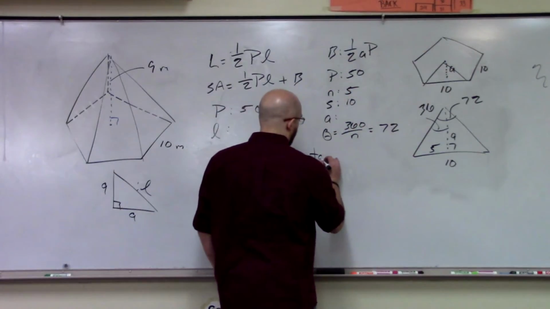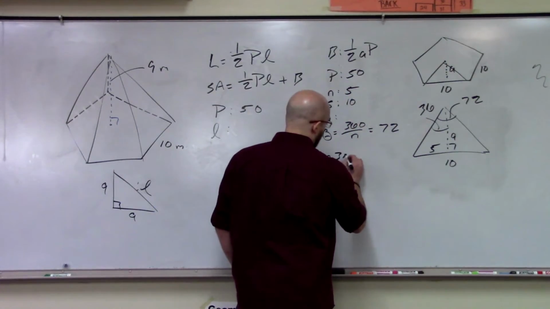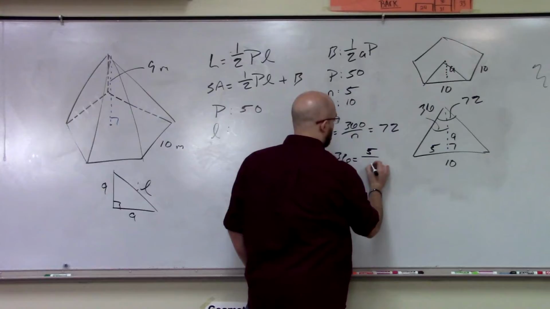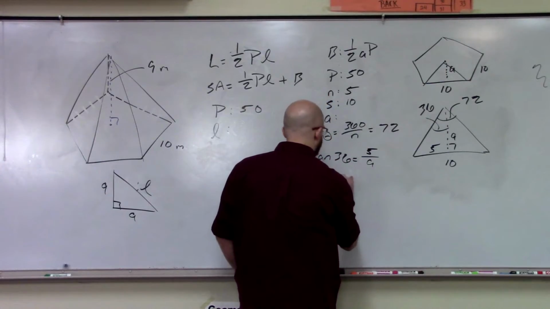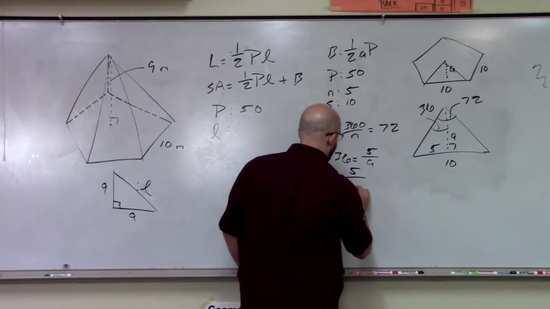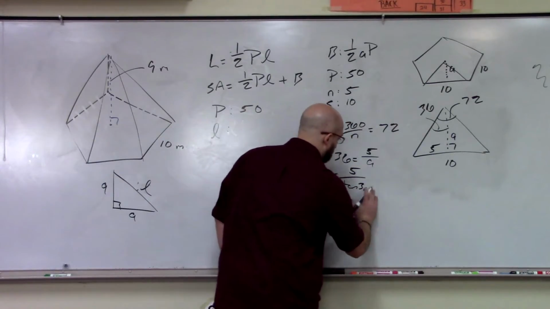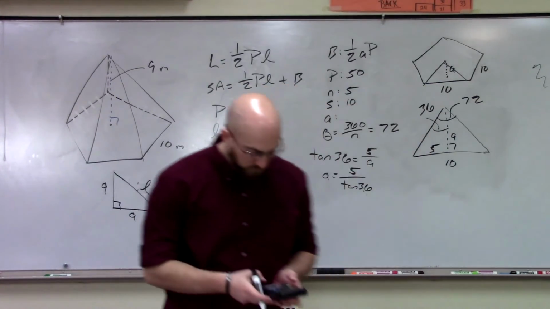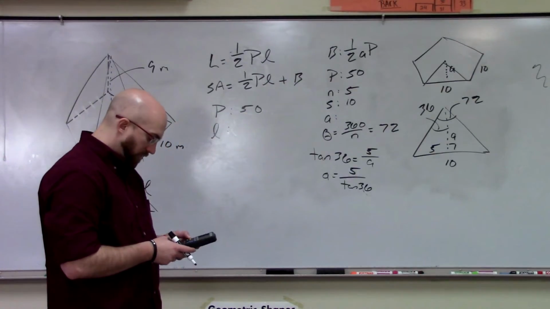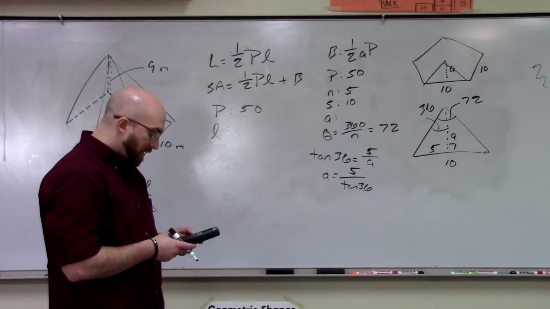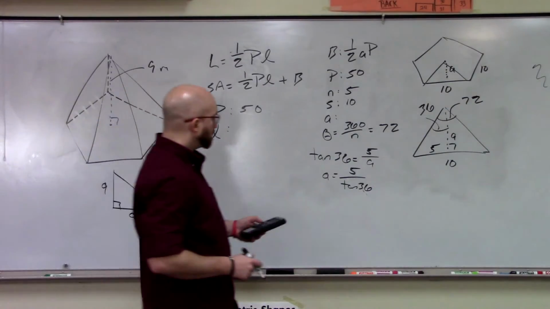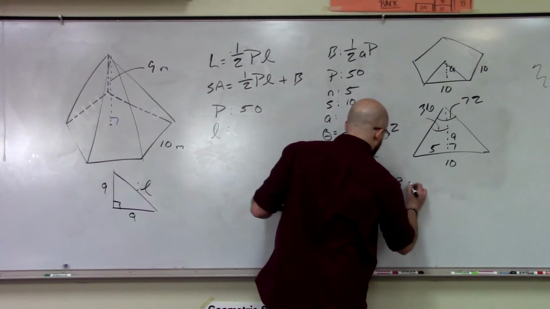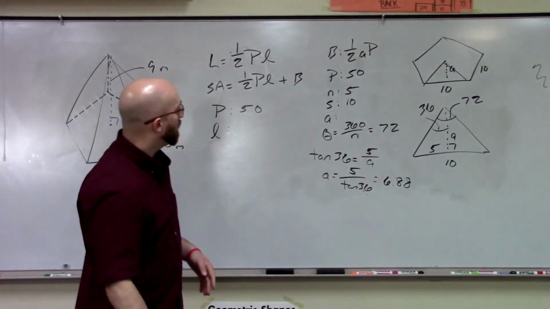Tangent of 36 equals opposite over adjacent, 5 over A. So A equals 5 divided by tangent 36. We get 6.88. That's our apothem.